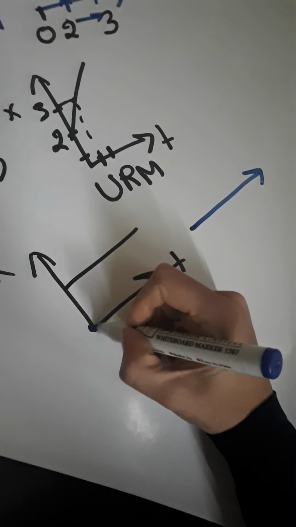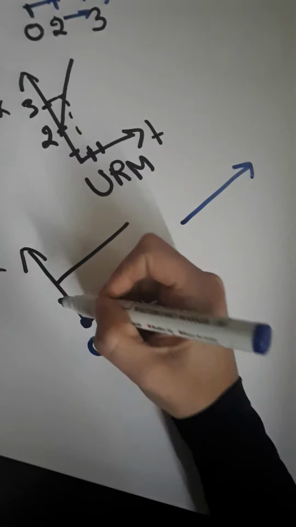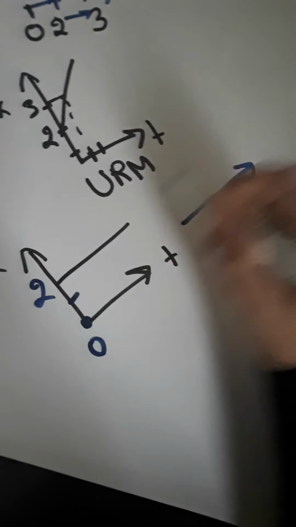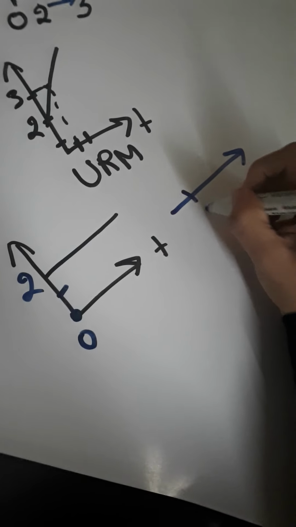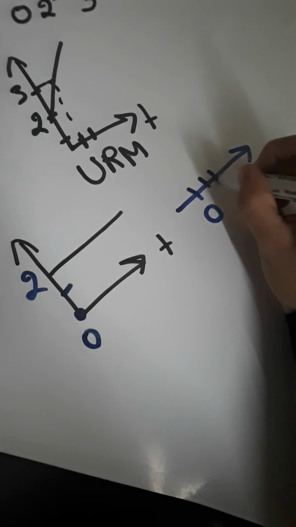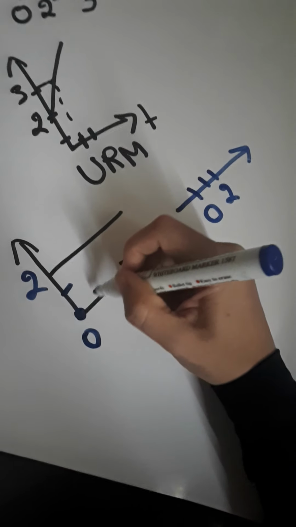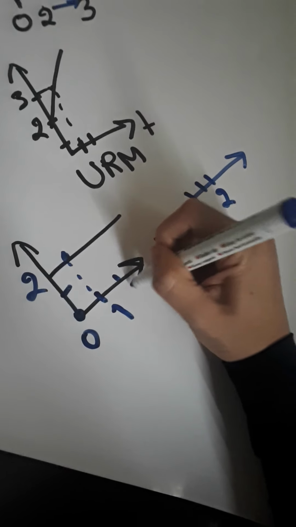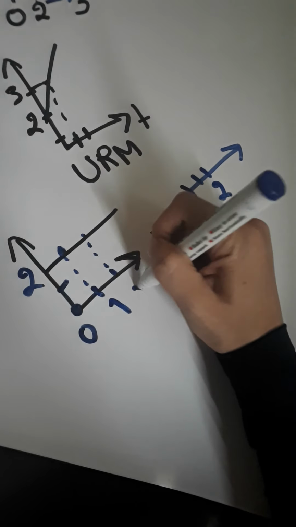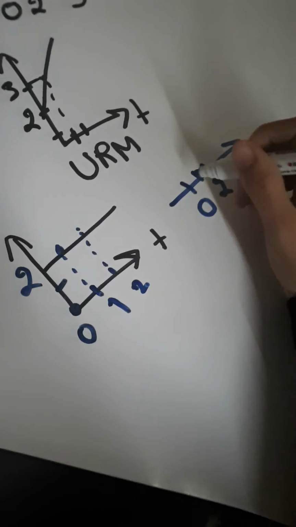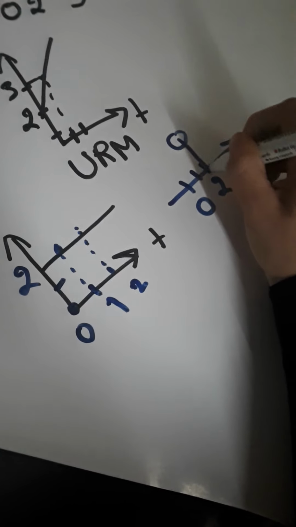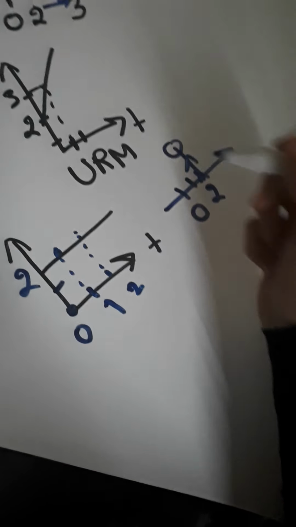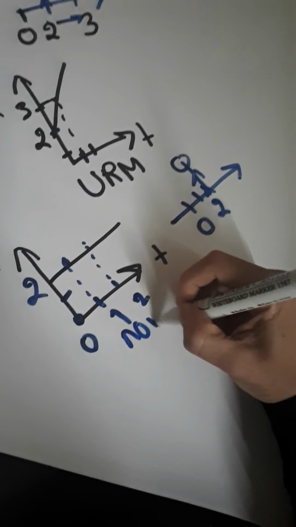At t equal to 0, where was the man? Let's say it was at 2. So this is the x-axis, this is the 0, the origin, this is the 2. At t equal to 1, where was the man? At 2. At t equal to 2 seconds, the man was at 2. So the man here is not moving actually. He is at rest. So here we say no motion.